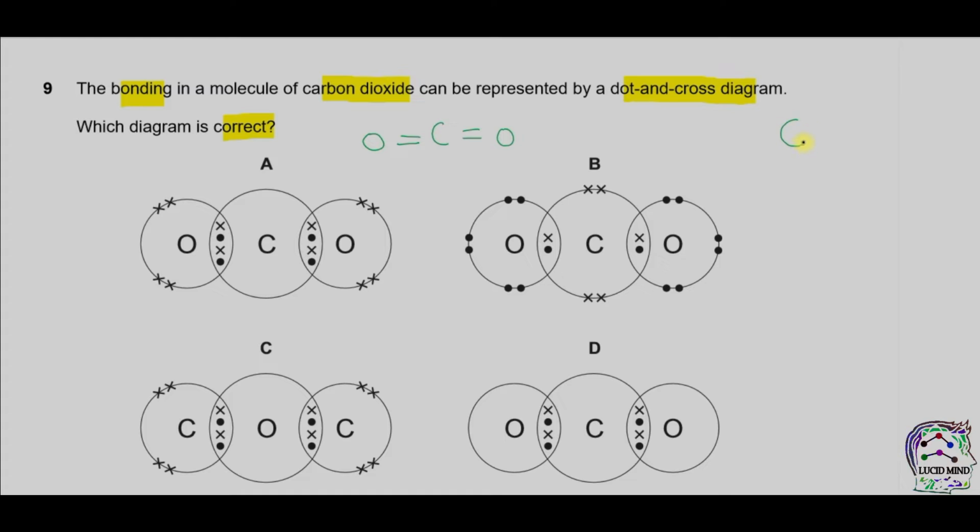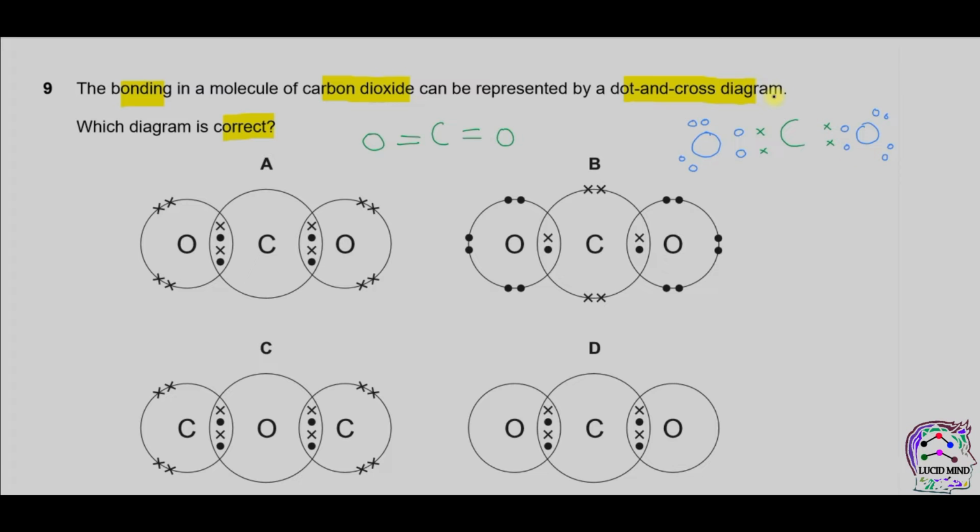Now carbon is in fourth group of the periodic table, so it has 4 electrons in the outermost shell. Oxygen is in 6th group of the periodic table and it has 6 electrons in the outermost shell. Oxygen needs 2 more electrons, so therefore it will make a double bond with carbon. Similarly, the second oxygen will also make a double bond with the carbon atom.